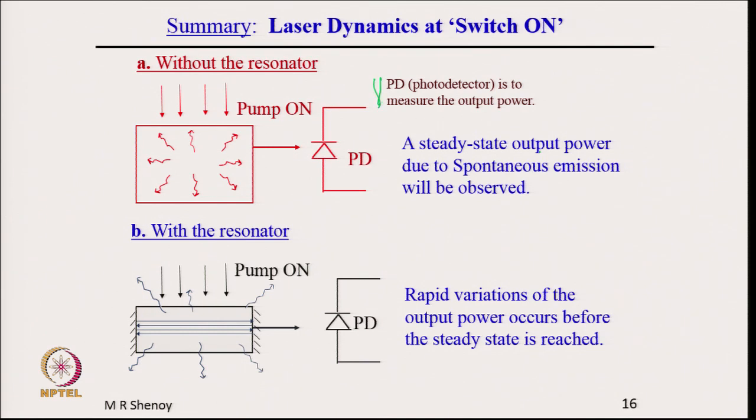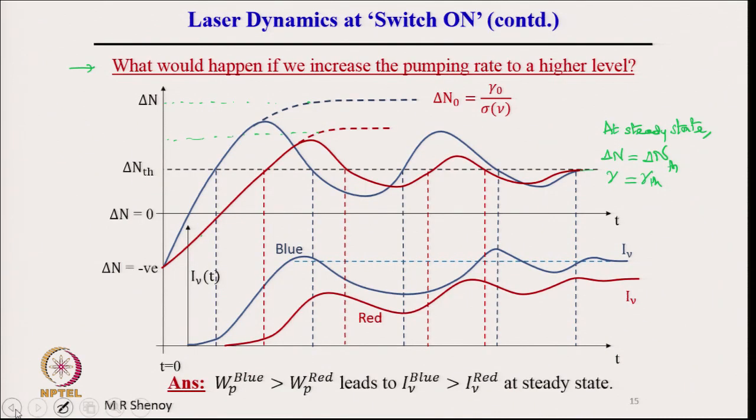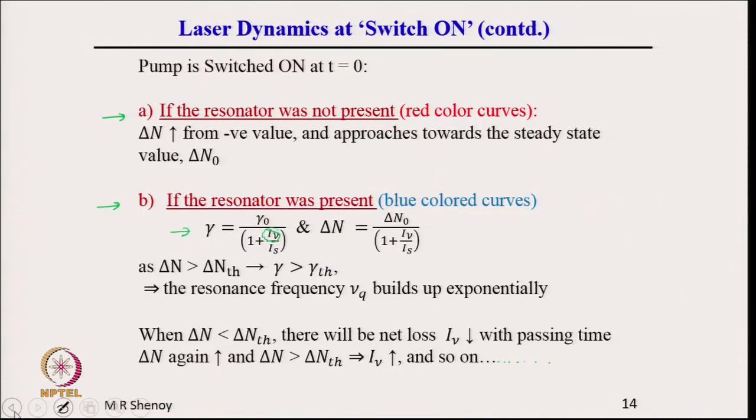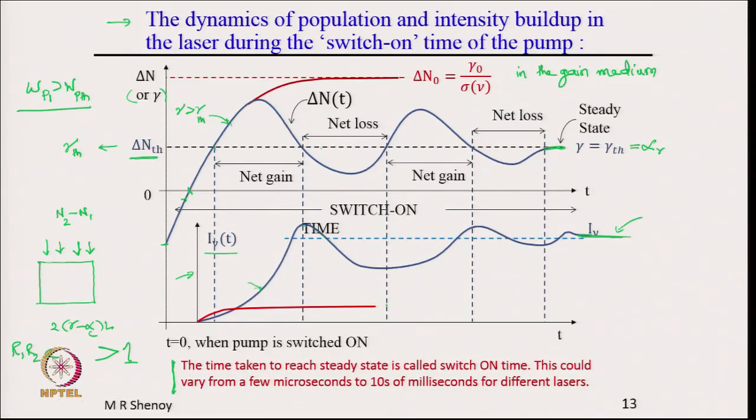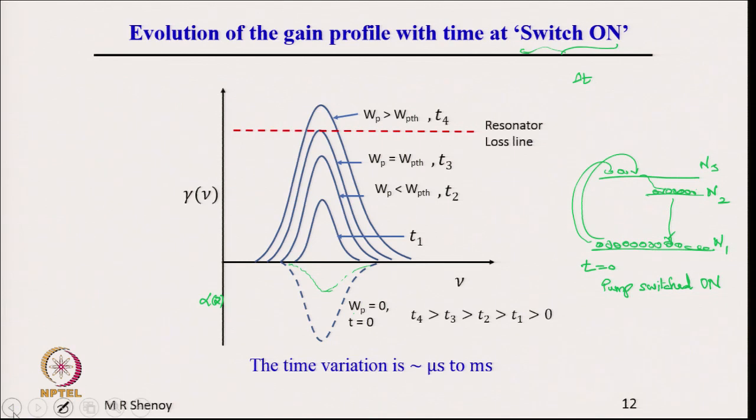A steady state output power due to spontaneous emission will be observed. So, this is the steady state that I had shown in the earlier diagram. This is due to spontaneous emission. A steady state corresponding to a steady state population inversion delta n0 will be observed. That is A.